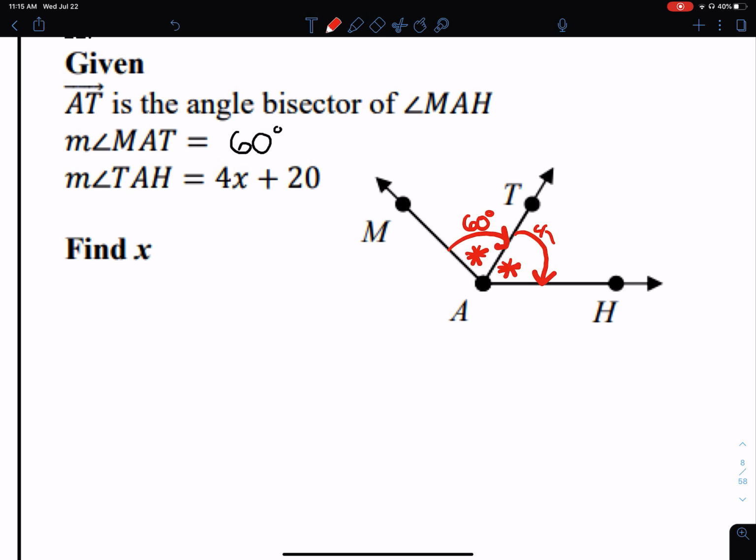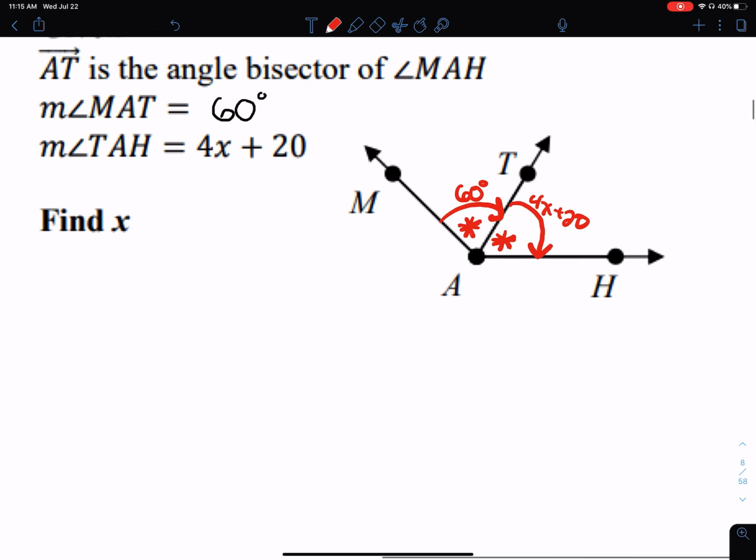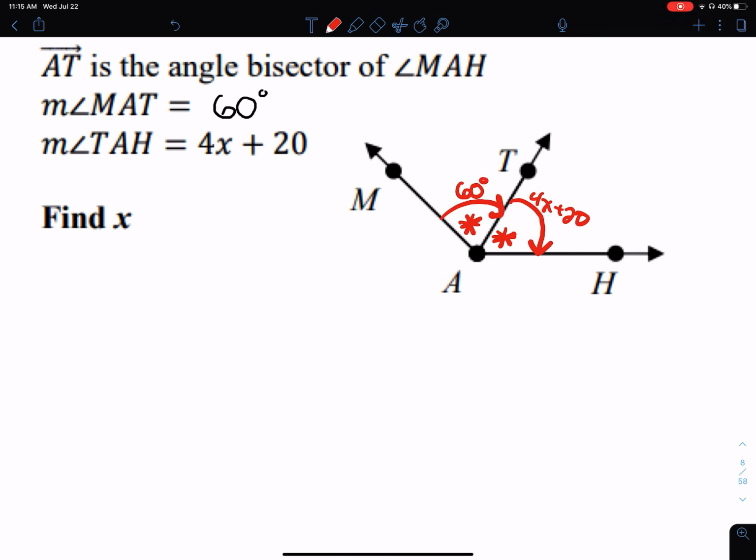This is 4x plus 20. Find the measure of x. We don't typically pay much attention to the question when we're doing these problems. We put the information into the picture. We then make an equation from the picture, and then we worry about what the question is.